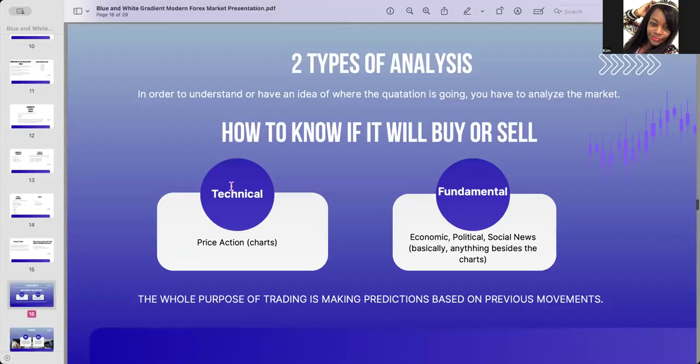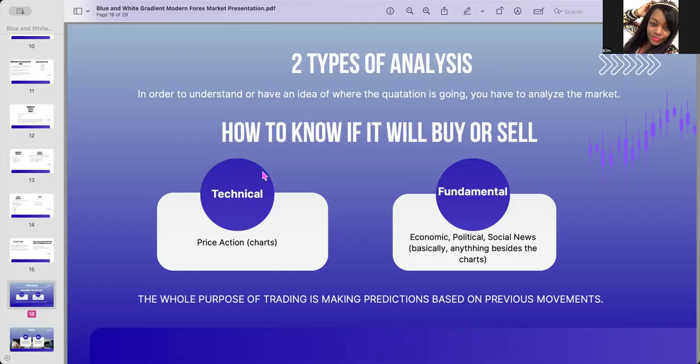All right. So there are two types of analysis. In order to understand or have an idea of where the quote is going, you have to analyze the chart. The charts that I showed you, those are the charts you will be using. And you need to know if you're going to buy or sell.